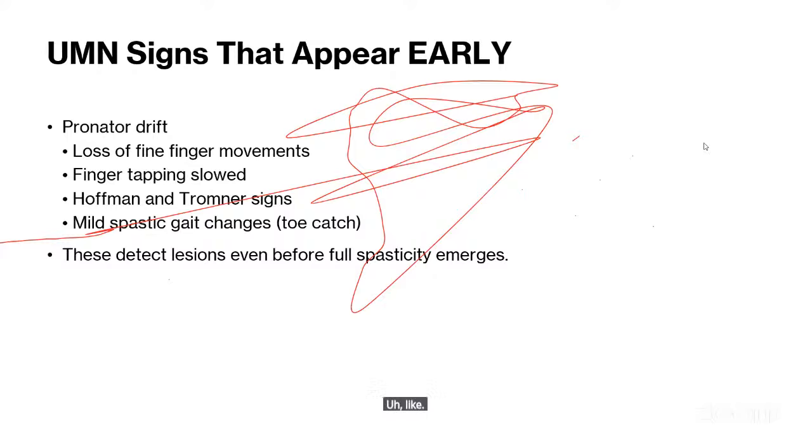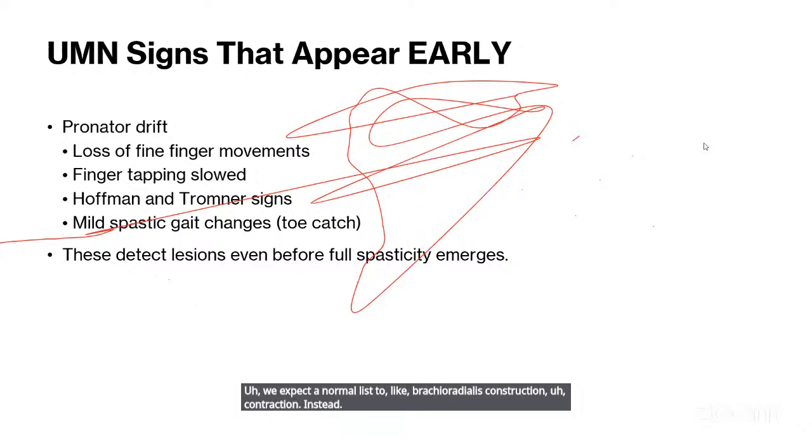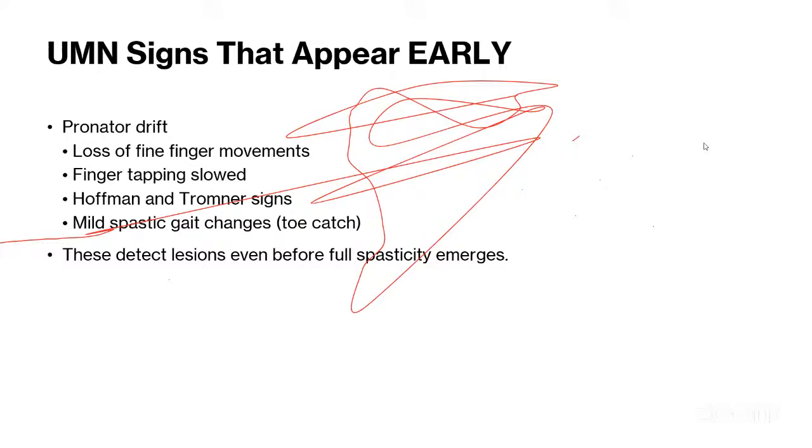For example, when we are doing the supinator reflex, we expect brachioradialis contraction. Instead, we'll have a finger flexion due to the overflow into the finger flexor pathway, if the lesion is at C5, C6. Okay. What else?